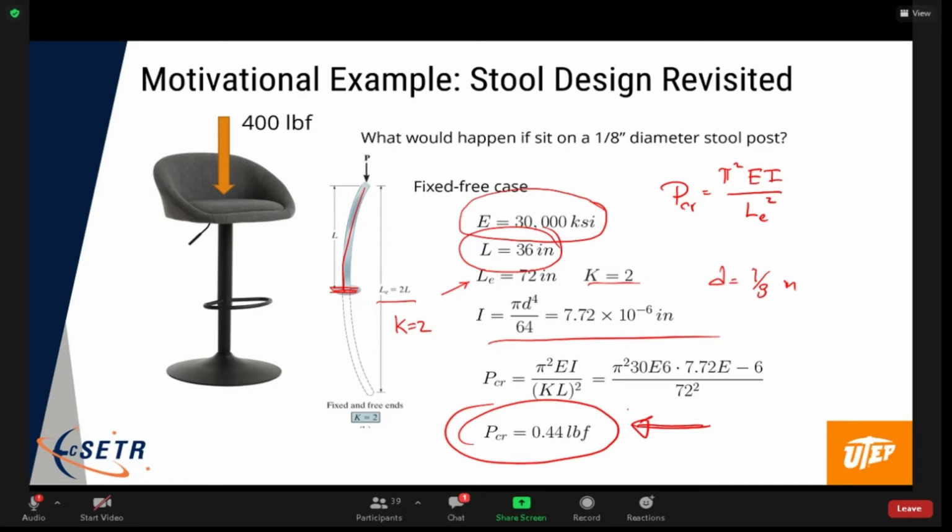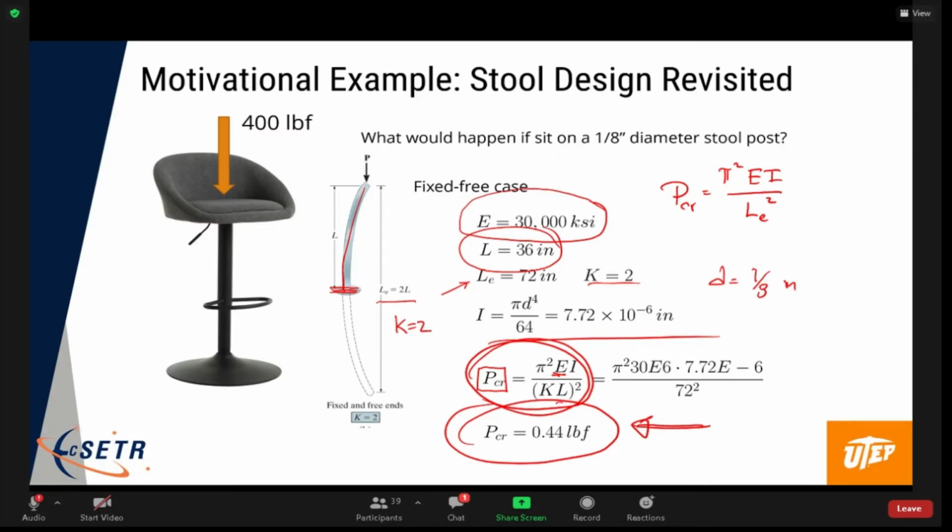So you could do this from a design standpoint, right? Let's look at this equation. Let's say you obviously don't want it to buckle and you want to hold 400 pounds, right? So P is fixed. It's going to be made out of steel, so E is fixed. I'm going to assume the length is fixed, because you want the stool of a certain height.